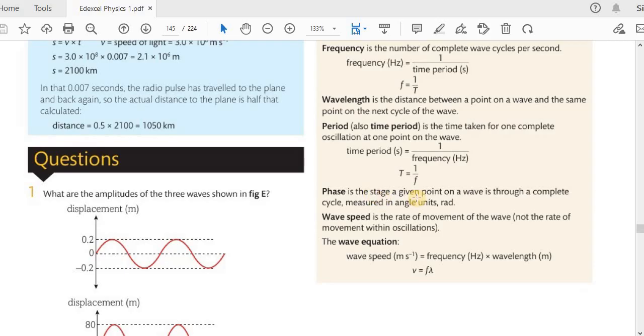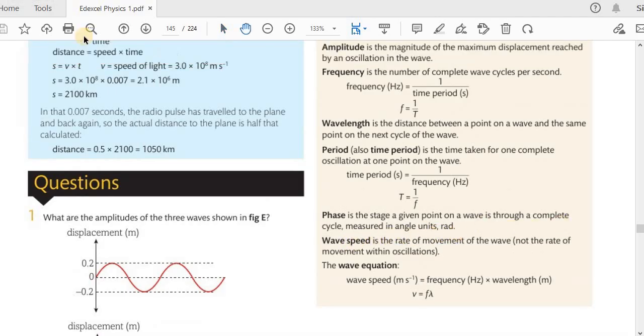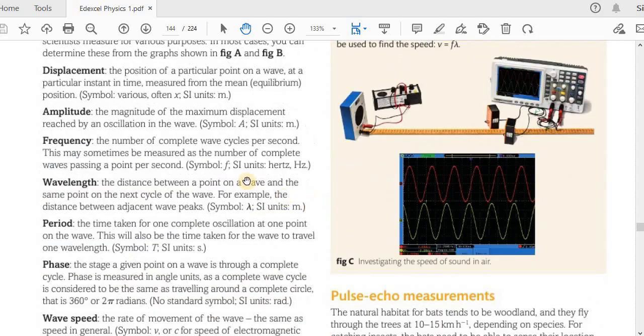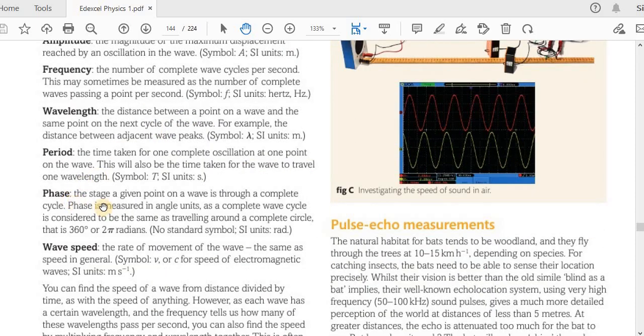So phase is the stage a given point on a wave is through a complete cycle, measured in angle units, radians. By the way, these definitions are in more detail over here. You can see phase, the stage a given point on a wave is through a complete cycle.